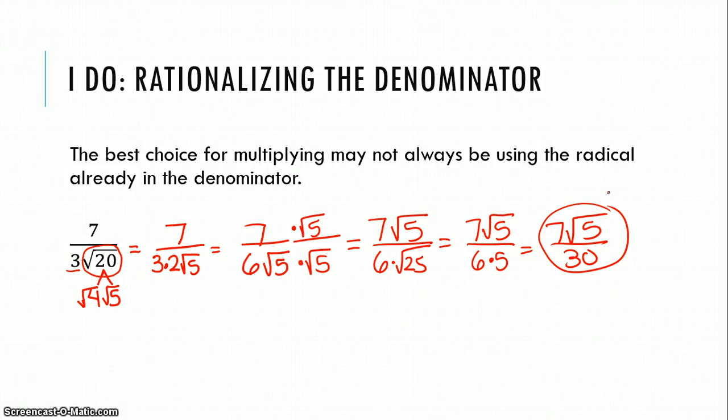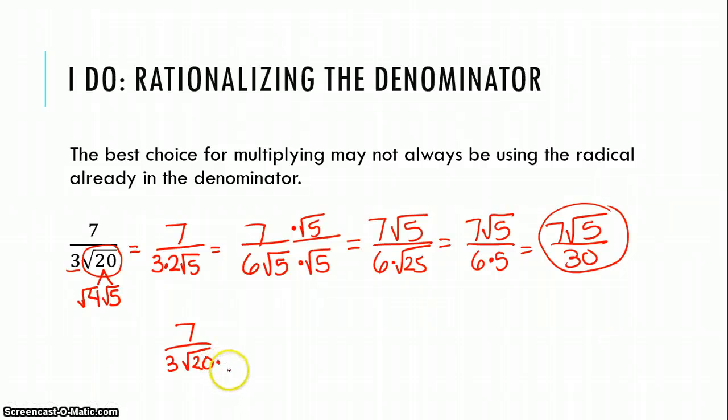There is an alternate way to do this, and I will just mention it here, and you can do whichever way you prefer. That way is to think about how can I turn this 20 into the smallest perfect square possible. Instead of multiplying by root 20 top and bottom, which again, you could do, you just have a lot more simplifying to do at the end.